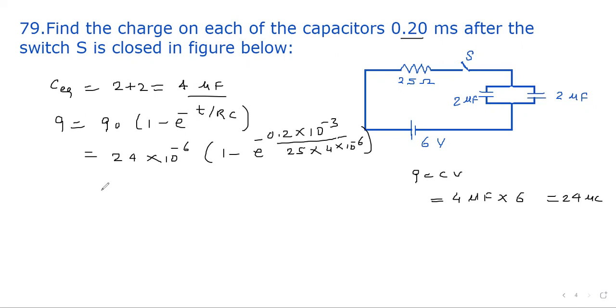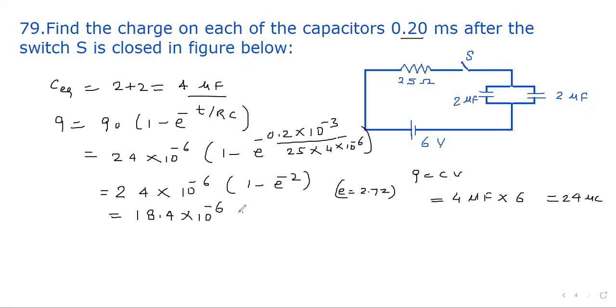So if we simplify it, we will get 24 into 10 to the power minus 6 into 1 minus e to the power minus 2. Now, if we put the value of e as 2.72 and evaluate it, our answer will be 18.4 into 10 to the power minus 6 coulomb. Now, this charge will be equally divided.